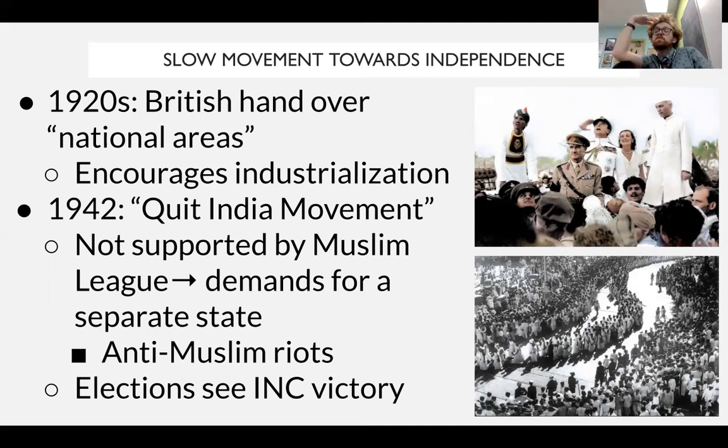And this is going to have the effect of encouraging economic independence. We have an independent economy in India that's not really dependent on the British because the British handed over the keys to the factories. This is going to have the effect of increasing the middle class in India even more. These people are largely in favor of independence based on Enlightenment and nationalist ideas.